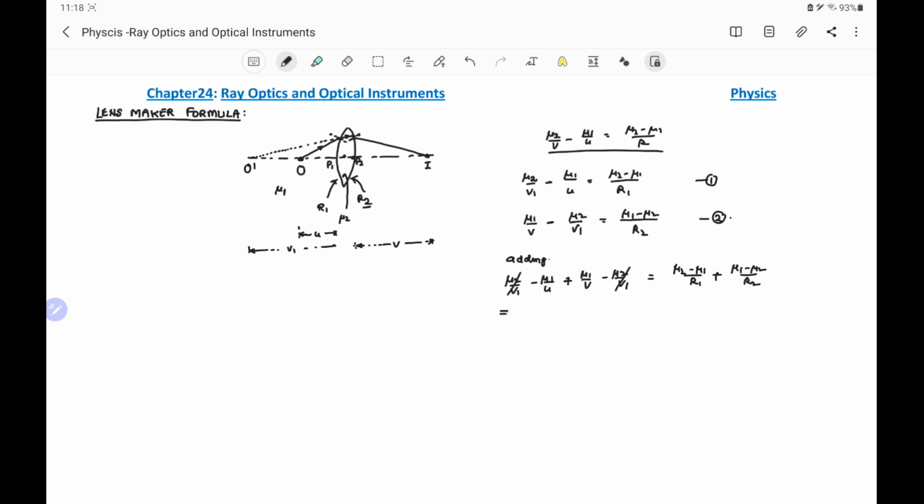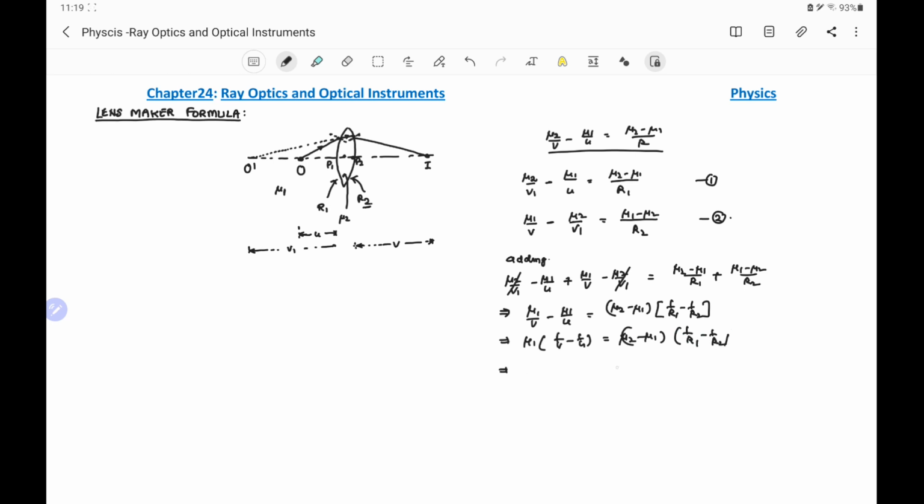The remaining is mu1 by v minus mu1 by u, equal to mu2 minus mu1 common, times 1 by r1 minus 1 by r2. On the left hand side mu1 is common, so remaining is 1 by v minus 1 by u equal to mu2 minus mu1 into 1 by r1 minus 1 by r2.